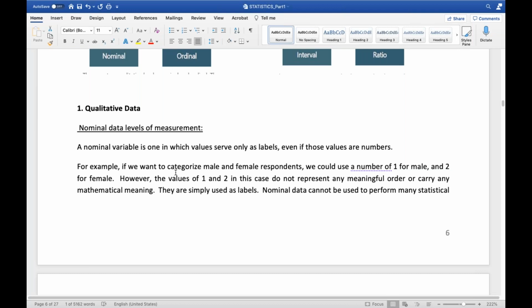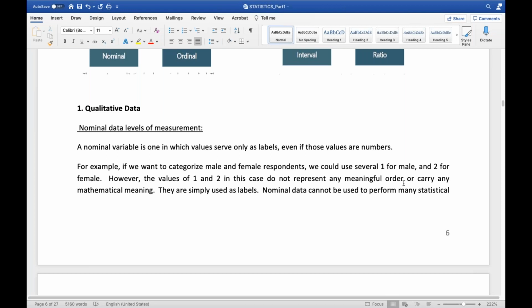For example, if we want to categorize male or female respondents, we can use the numbers one for male and two for female. However, the values 1 and 2 in this case do not represent a meaningful order.